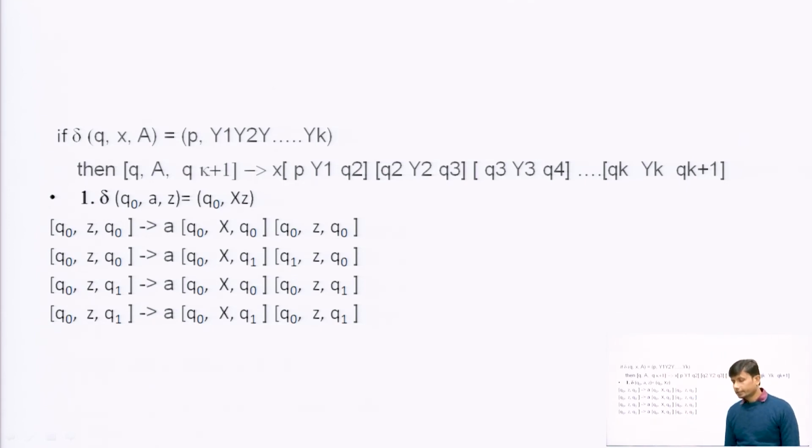Production 1 says that when we read input A with stack top Z, we push X into the stack.